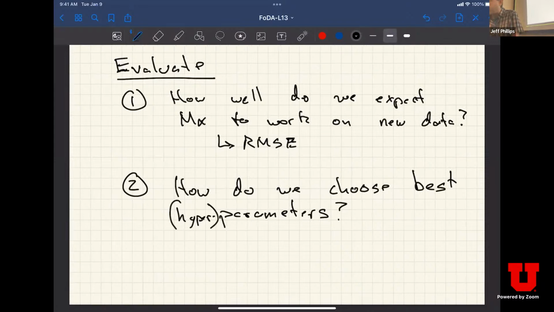Okay, so these hyperparameters would be like the value p, right? So this, for instance, is the degree of the polynomial. Okay, so how do we choose the right degree of the polynomial, right? And so these are different questions here. They're kind of similar, but they're not quite doing the same thing.